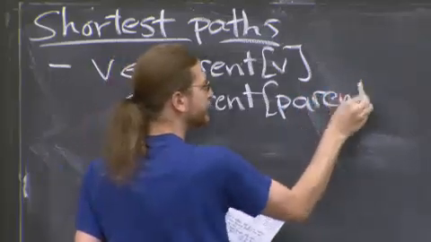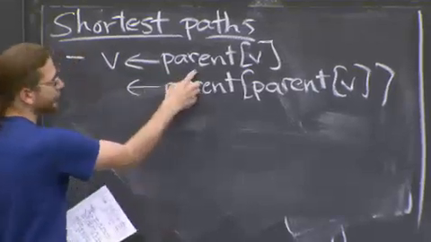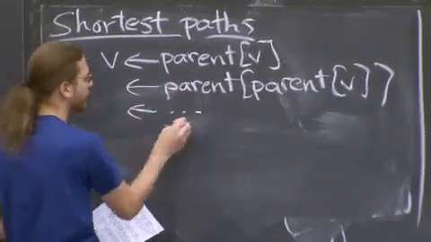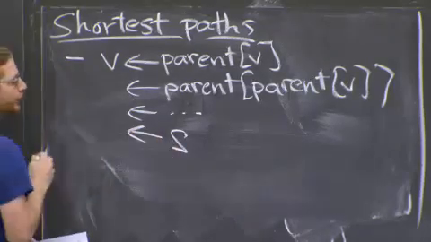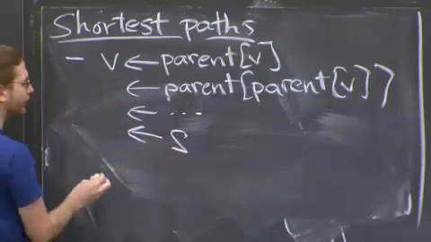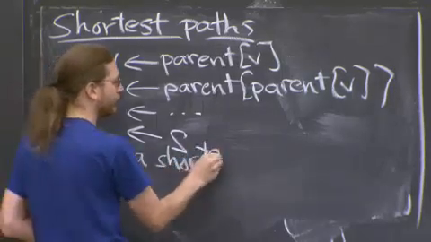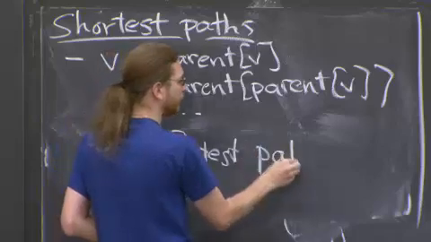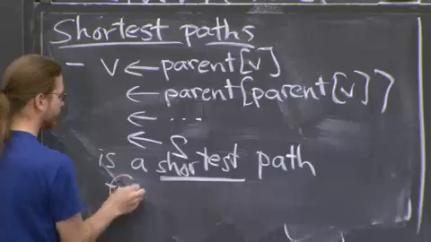If you take a node and you take its parent, and you take the parent of the parent, and so on, eventually you get to S. And if you read it backwards, that will actually be a path in the graph. And it will be a shortest path in the graph from S to V.